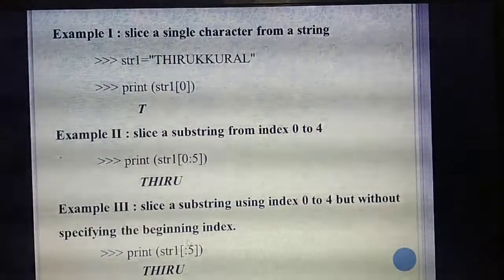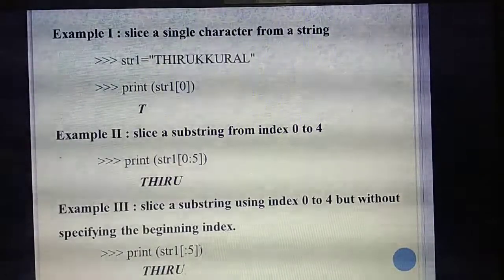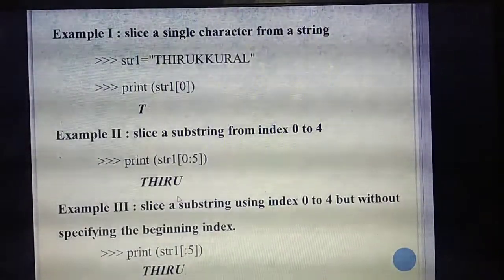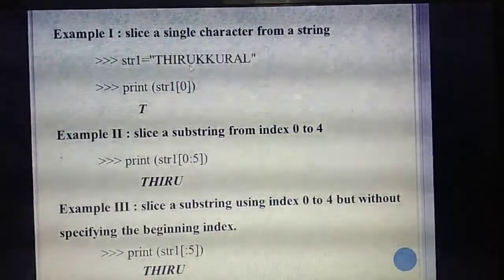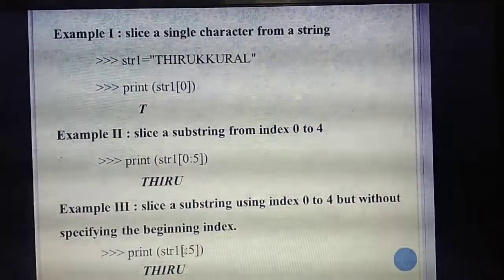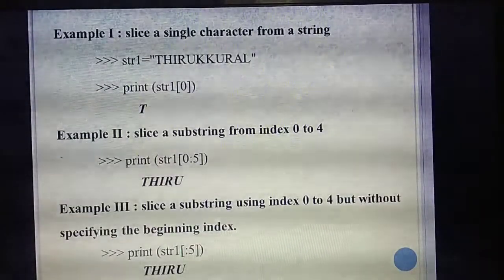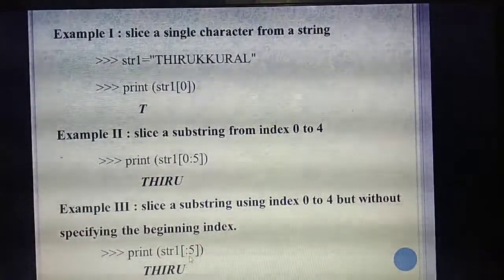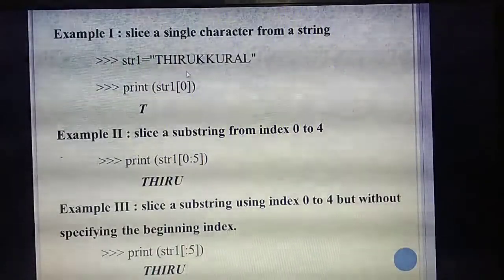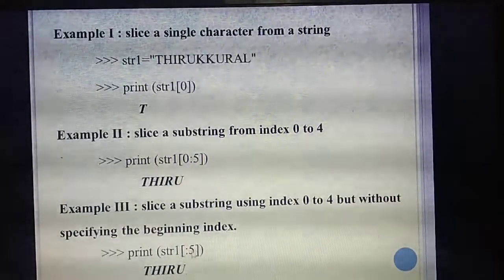This example and the one before are similar; if you mention it like this, you can also get the output, up to the 4th index value. So if you need to get the characters from the start to some point, without specifying the beginning index you will get the output like this.